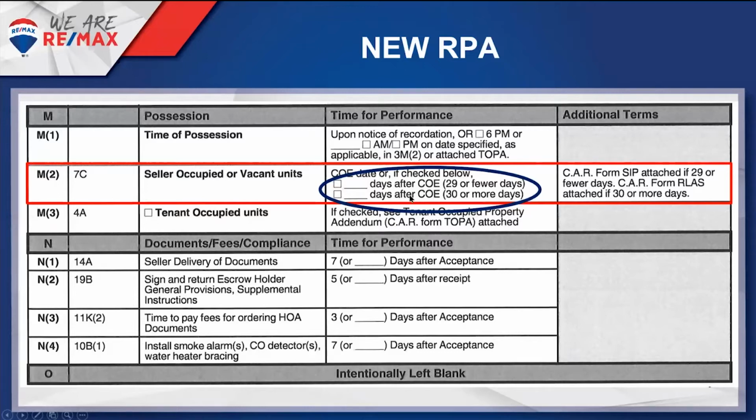Now, the differentiation is an attempt by CAR, and it was interesting. I just recently was talking to a CAR attorney, and they acknowledged to me too that they still don't have any case law to support what CAR is trying to do. What CAR is trying to do with an SIP, if it's 29 days or less, then you attach an SIP. If it's 30 days or more, you attach an RLAS.